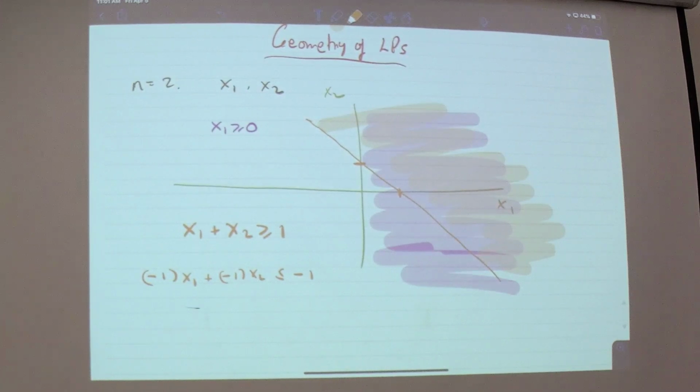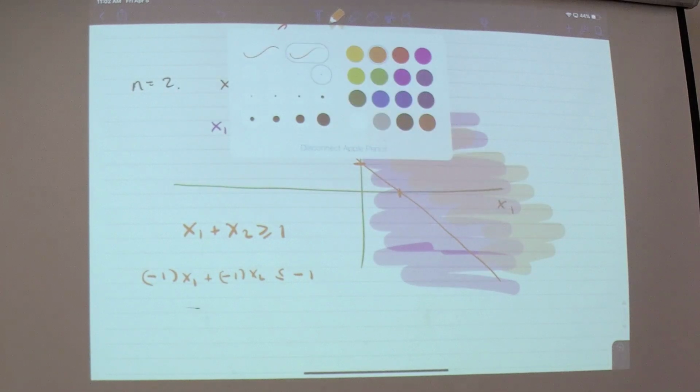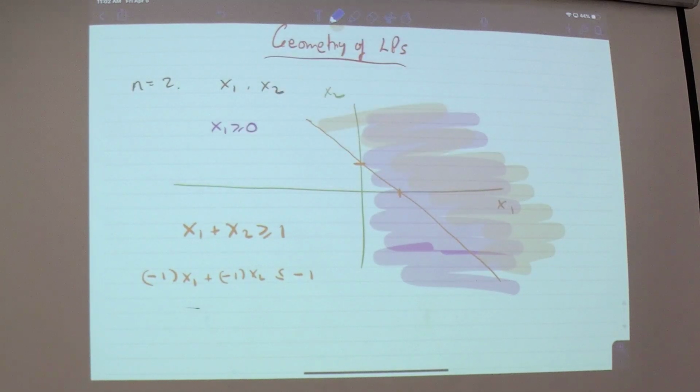So in other words, if I was to stack up both constraints that have to be satisfied at the same time, what would the space of feasible values be? It would be something that looked maybe like this. This goes off to infinity.